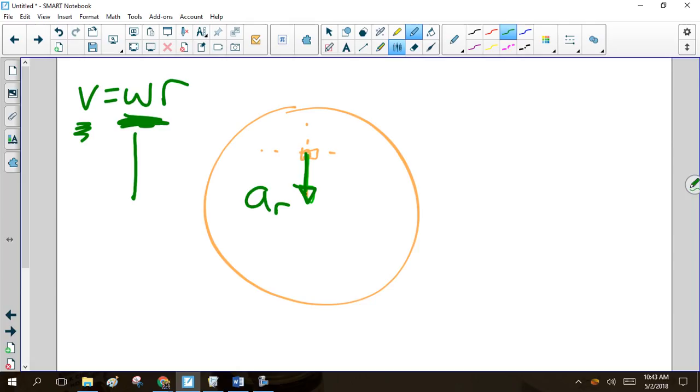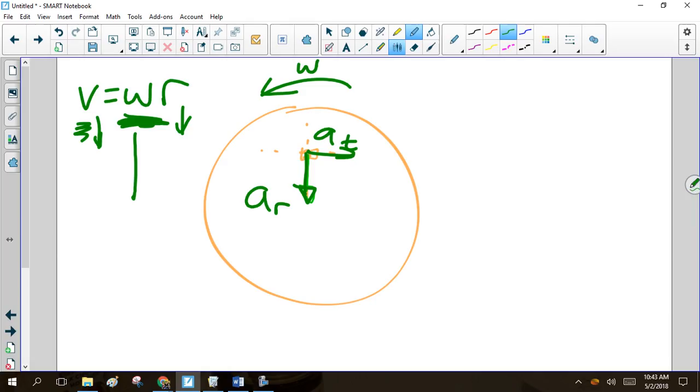So your radius is decreasing. That means your velocity has to be decreasing, right? So if it's spinning this way, that means my linear velocity is this way, but it's decreasing, which means there's a tangential acceleration pointing that way. Does that make sense? So it's being pulled inwards, centripetal acceleration, and slowing down, tangential acceleration.